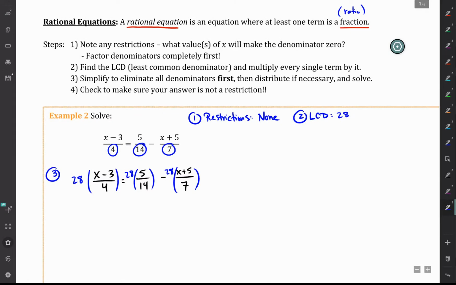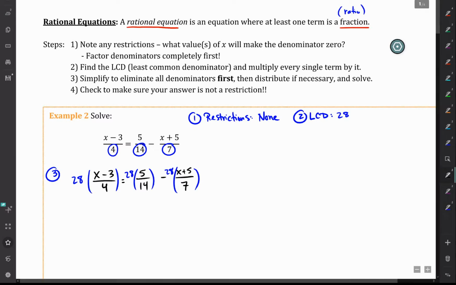And then we're going to cancel first, or simplify first. So 28 over 4 is 7, so this is going to be 7 times (x minus 3) equals 28 over 14 is 2, so 2 times 5, minus 28 over 7 is 4, so minus 4 times (x plus 5).